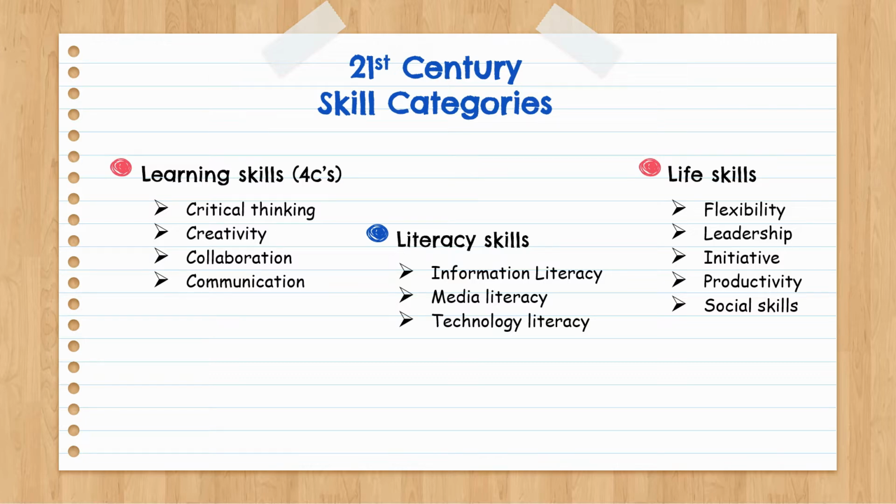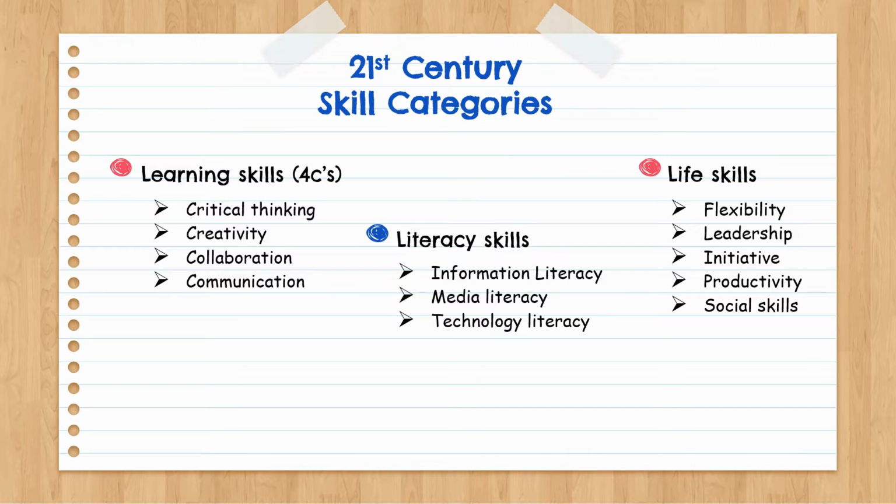And lastly, technology literacy. Technology literacy is the ability of the teacher and student to understand, use, acquire, and communicate information in the technology environment. For example, student and teacher creating online content to be utilized both in and outside of the classroom.